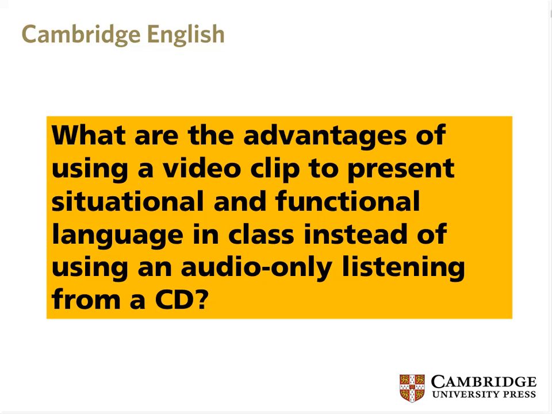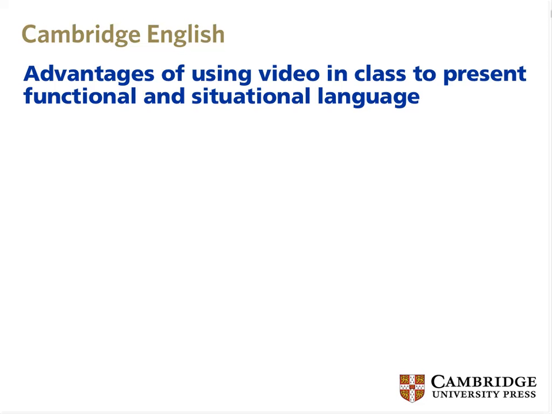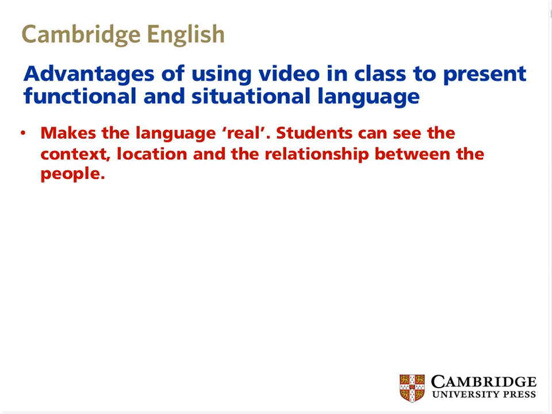Those points I think are very valid, particularly things like a lot of people have mentioned context and the visual clues that you get. And I think that's the key thing, it really makes the language real. Students can see the context, location, and relationship between the people. So I think, as someone mentioned, the visual clues are all there.